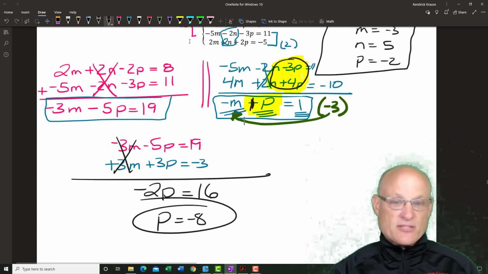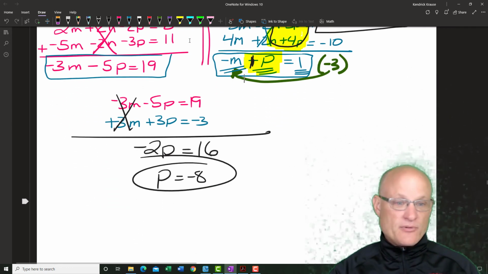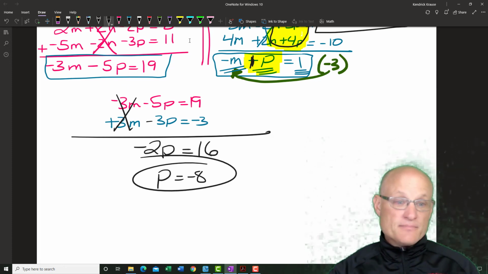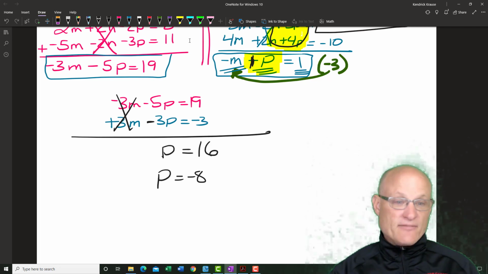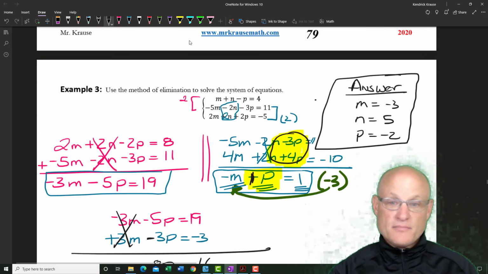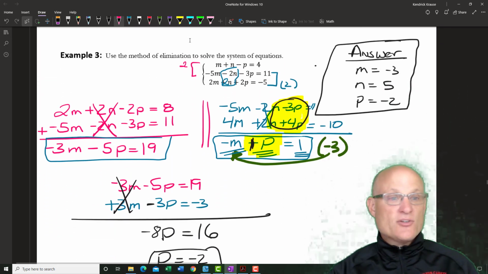And so because that's positive, negative 3 times p is negative 3p. And then those two put together make negative 8p. And then when I divide both sides by negative 8, I get negative 2. Now I'm hoping that's correct. Yes. So we're good there.